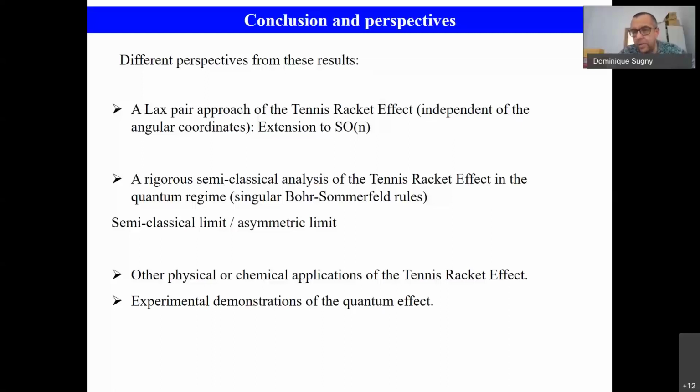Yes, I agree with you. I know your work with Hugo on this problem. I was working also with asymmetric top, and there are no controllable cases, so I was wondering about this.